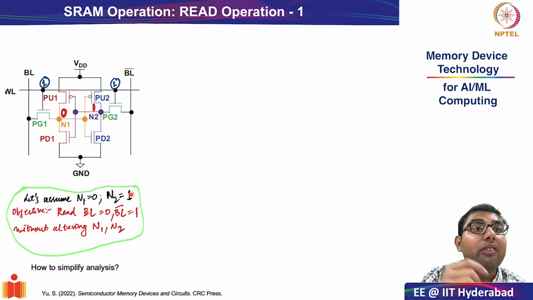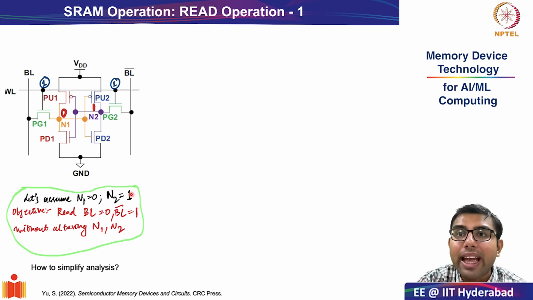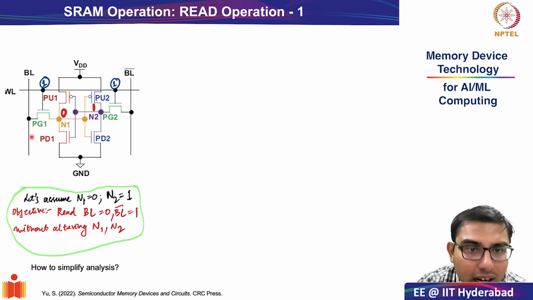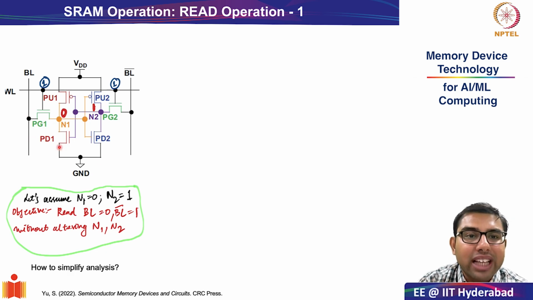If you recall our discussion when we were looking at sense amplifier design or memory architecture design, we realized that the bit line and bit line bar are not just passing through one of these SRAM cells' pass gate transistors. There are a series of SRAM cells connected to the bit line in a column-wise fashion.